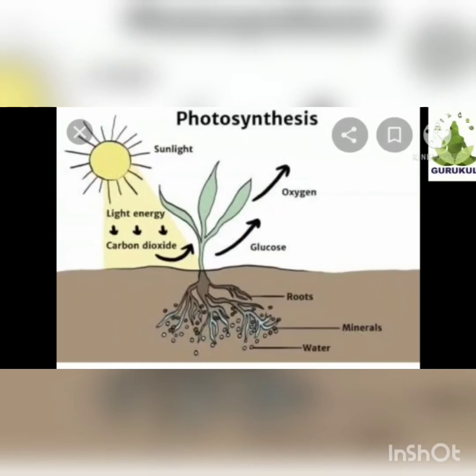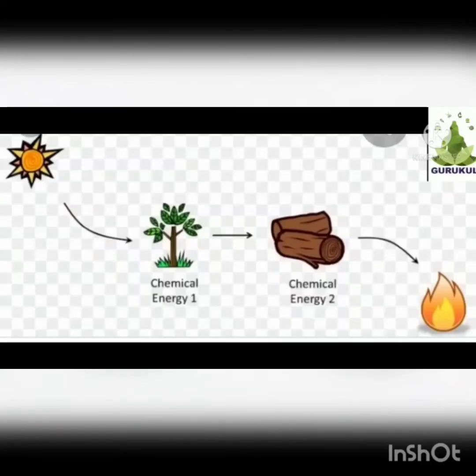It means that here chemical energy gets stored. So when we burn substances like coal and mineral oil, the stored energy they contain is converted into heat energy.